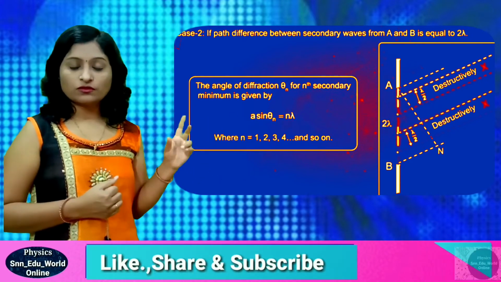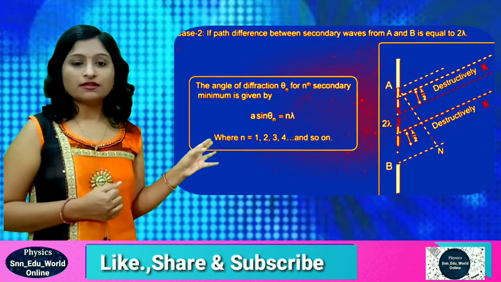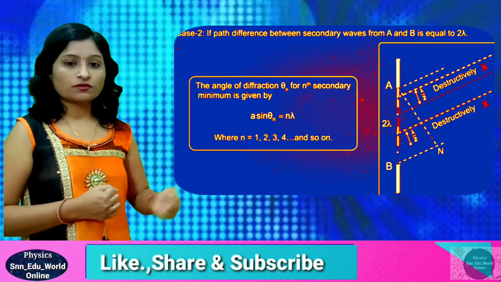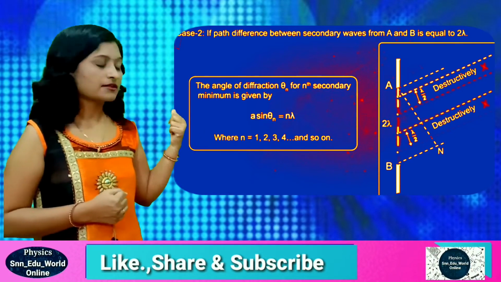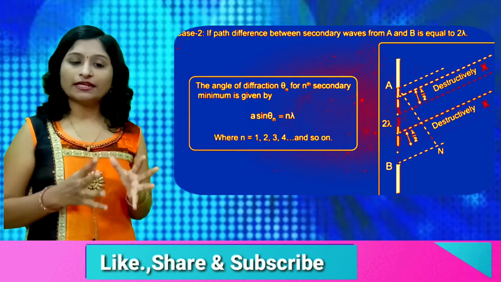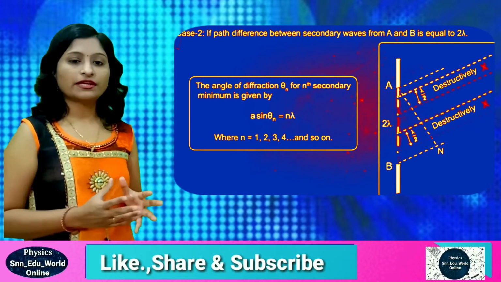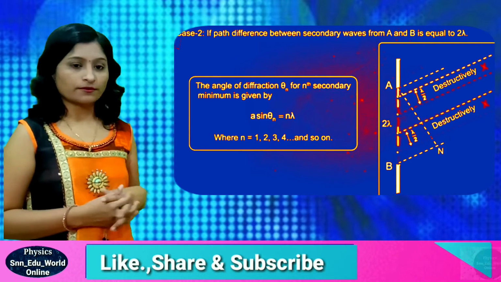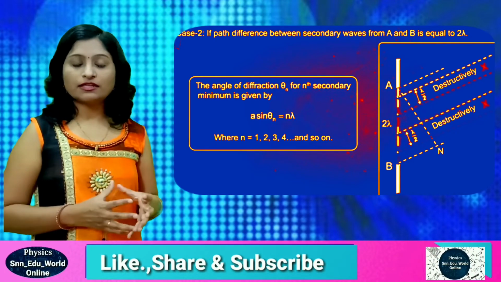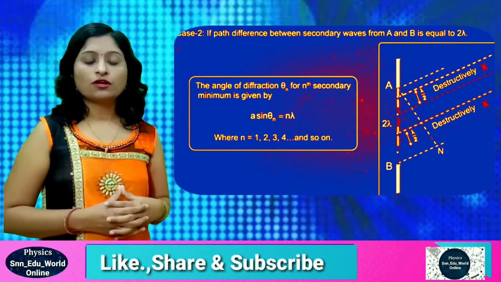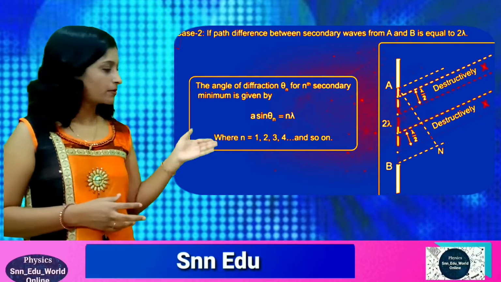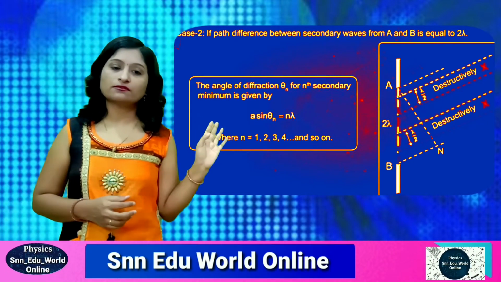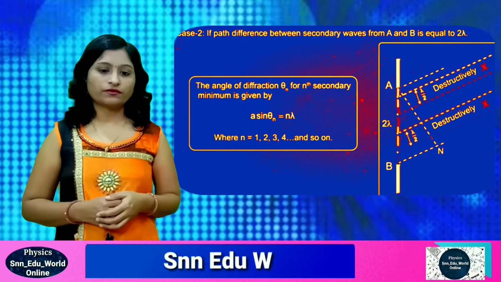So this is the condition when we will get the dark light. And for this, the equation given is a sin theta n, for any n where n is 1, 2, 3 and so on. A sin theta n equals n into lambda. Below it is written where n is from 1, 2, 3 to infinity, any.